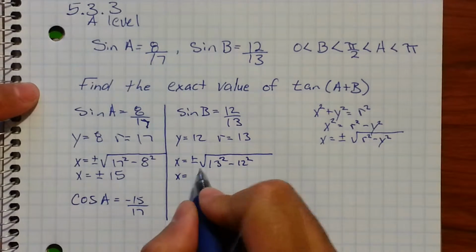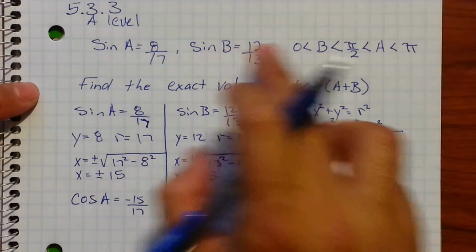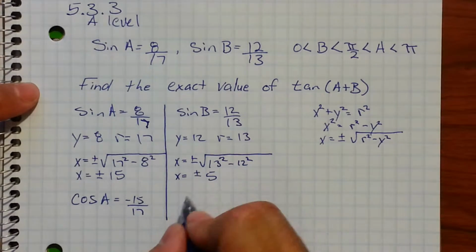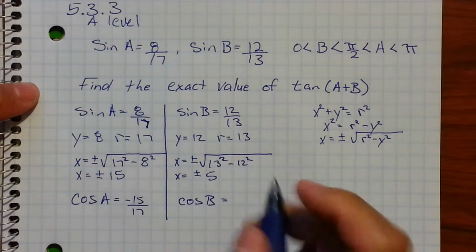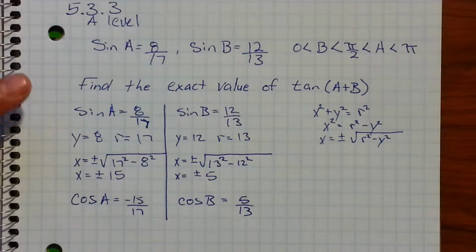X equals plus or minus 5. And it says that B is in quadrant 1, and in quadrant 1 cosine is positive, so cosine of B is equal to positive 5 over 13.